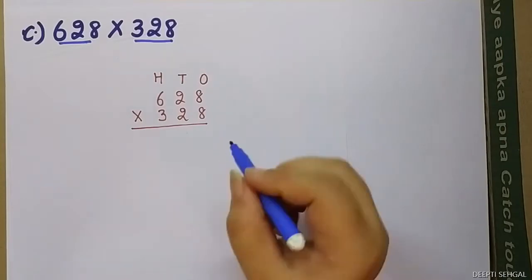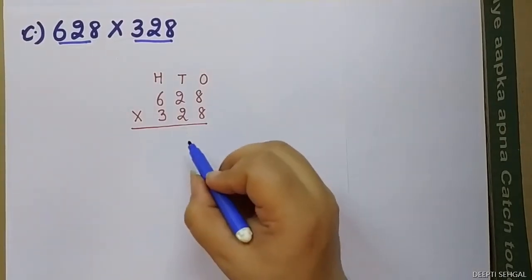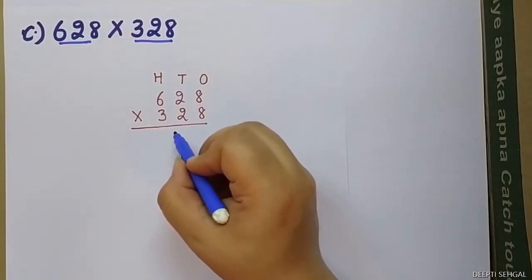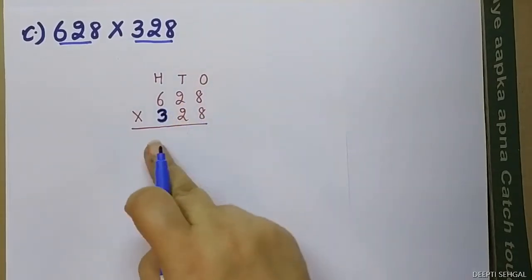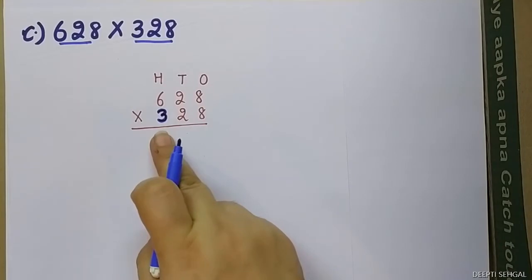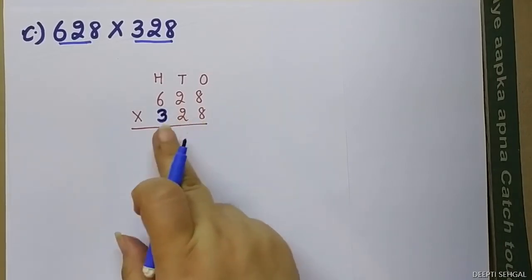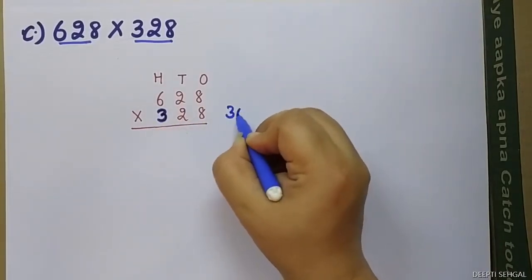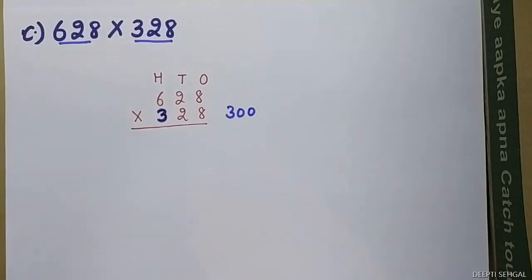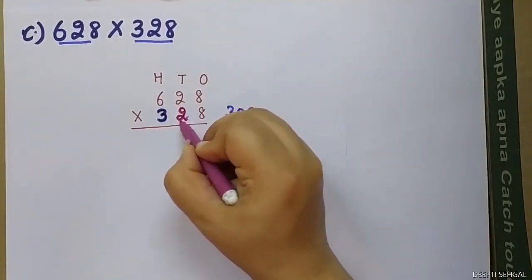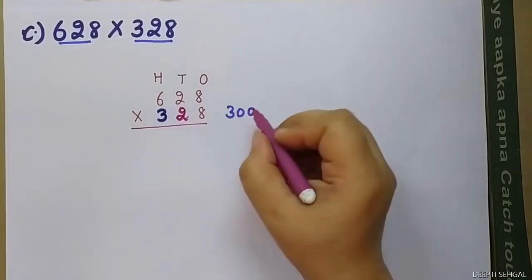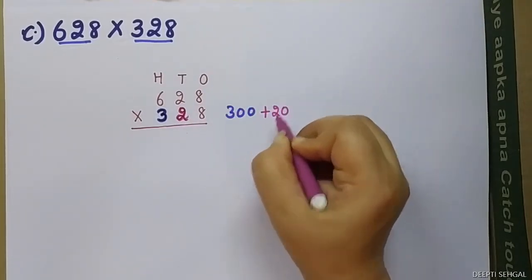Again, before starting multiplication, we have to see that we are multiplying by 3. How will you read this? 300. We are saying 328. So this is 300. This is 20, not 2. So this is added to 20.